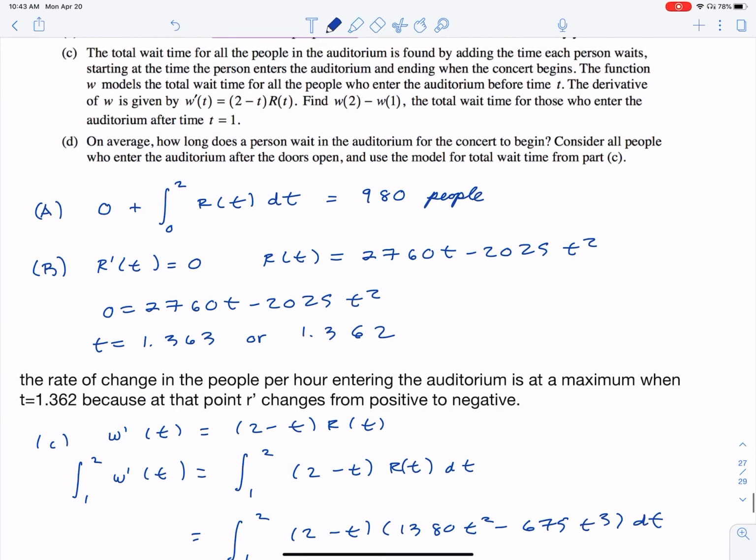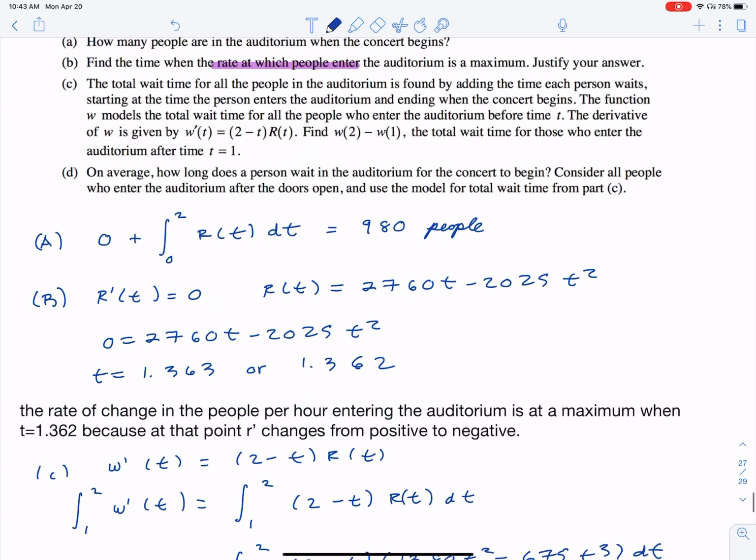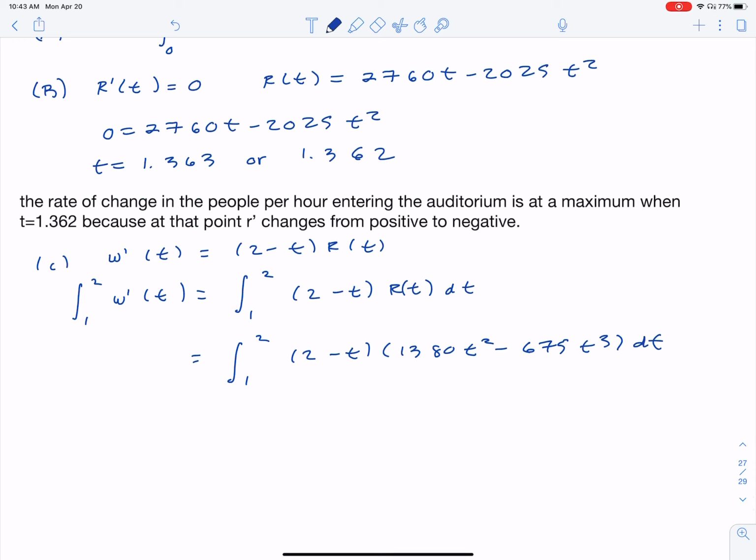Let's just double check one more time: 1380, 675. Yep. This is absolutely a calculator type question. So when I do that, I get 775 divided by 2 hours.